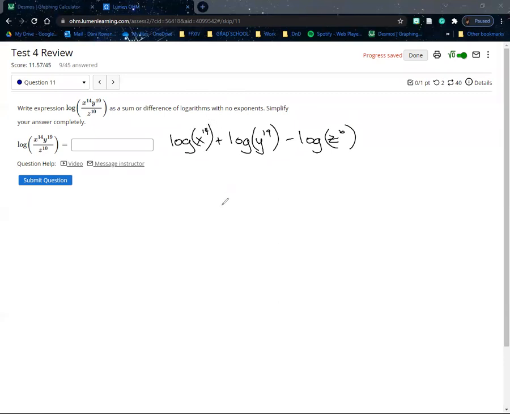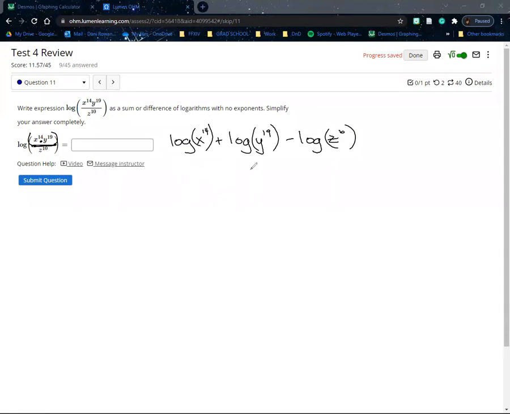Does anyone have any questions about that part? It's important to note that this is division, so you are subtracting that from what's up here. And then this is multiplication, so you are adding those. You want to do division first in this case.